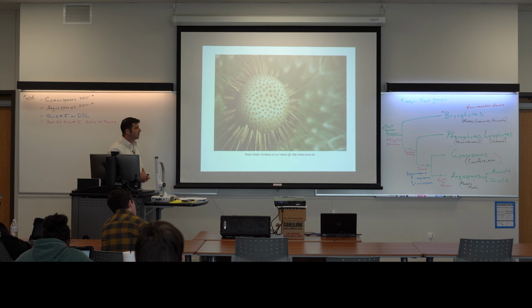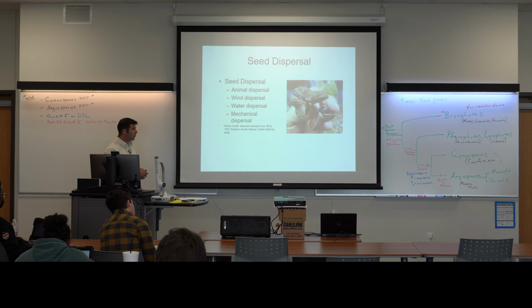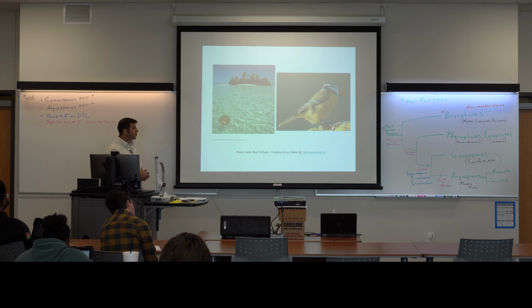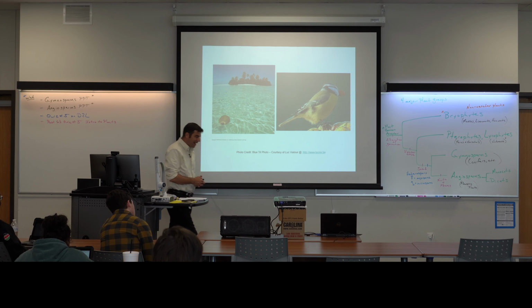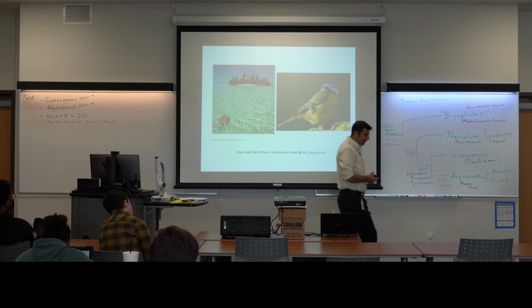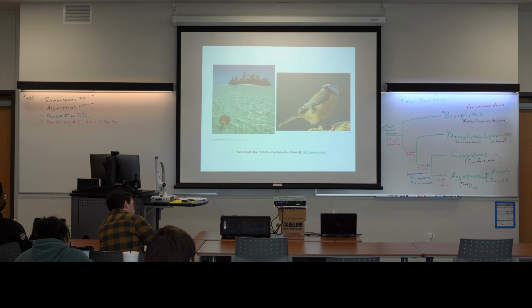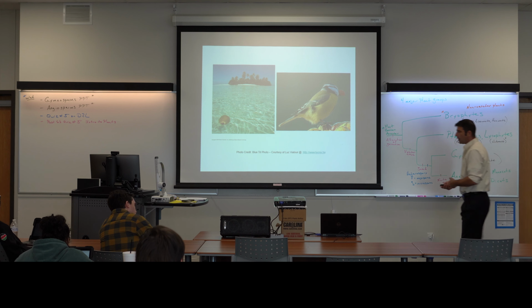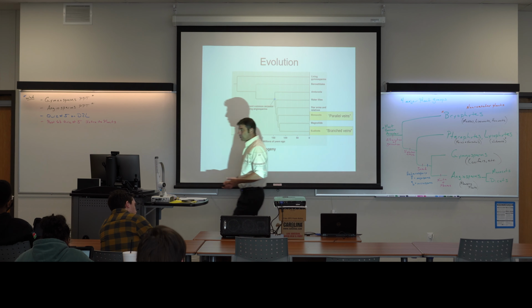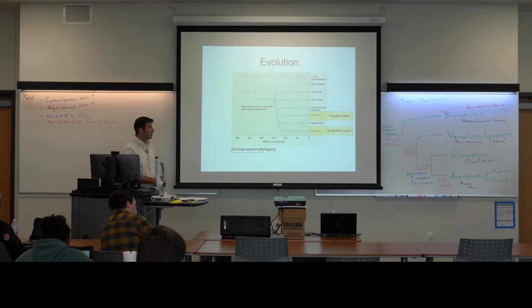So dandelions would be an example of wind dispersal. If we're thinking about water dispersal, coconuts would be an example. Mangroves, like red and black mangrove trees, are also dispersed through the water and can land on islands. So water dispersal happens, but maybe the most common method of seed dispersal is employing the help of some type of animal to disperse those seeds to a new location.